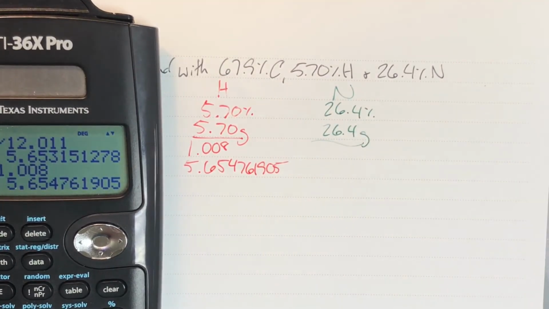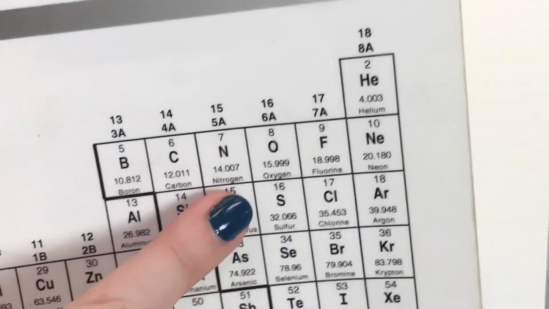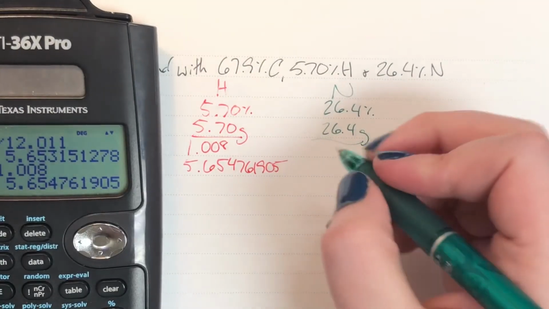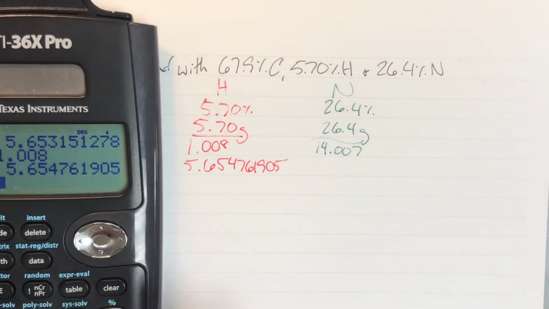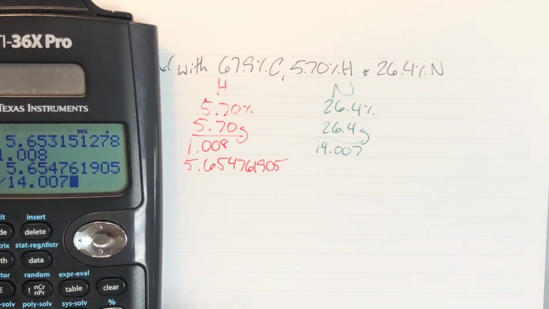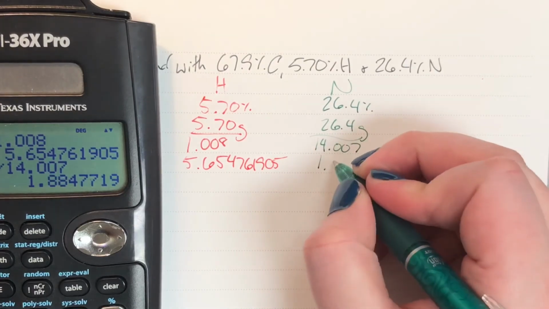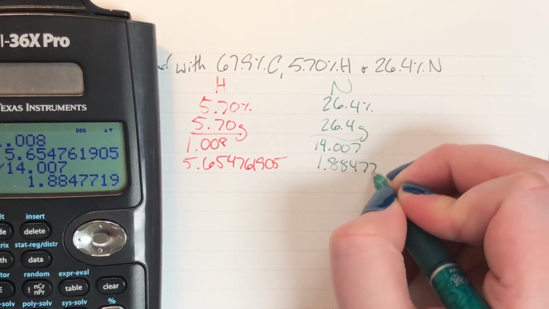And nitrogen will be divided by 14.007. Okay, so 26.4 divided by 14.007 gives me 1.88477719.